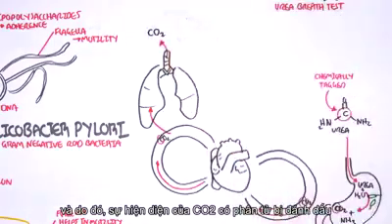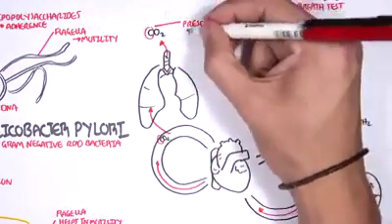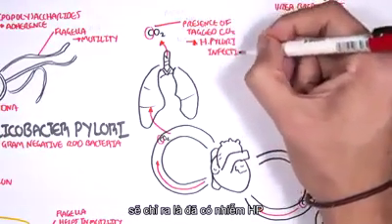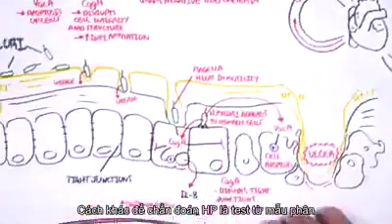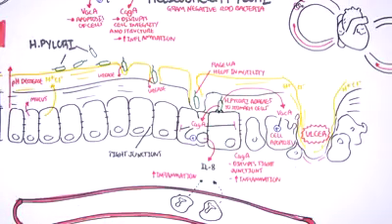And so the presence of a chemically tagged carbon dioxide will indicate that it is a H. pylori infection. Other ways to diagnose a H. pylori infection include a stool sample test.